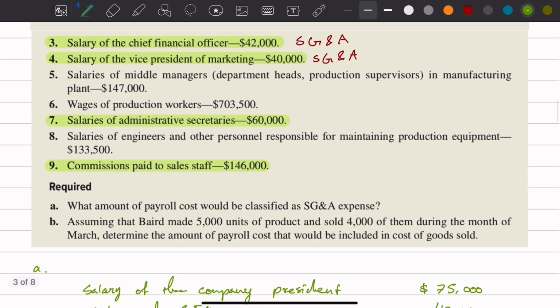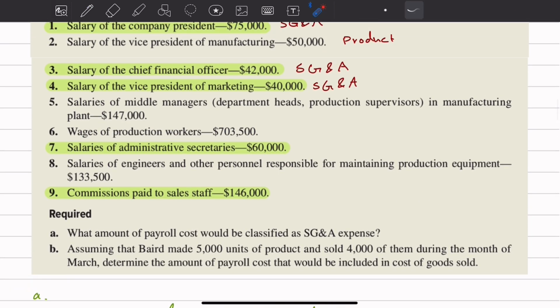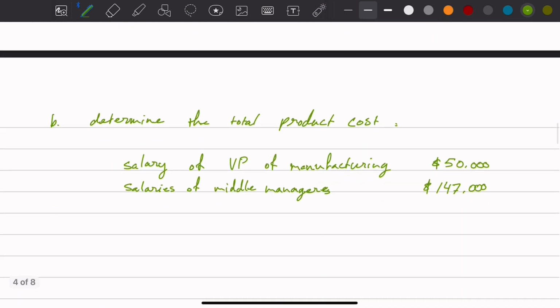Next, number 6, wages of production workers, $703,500.